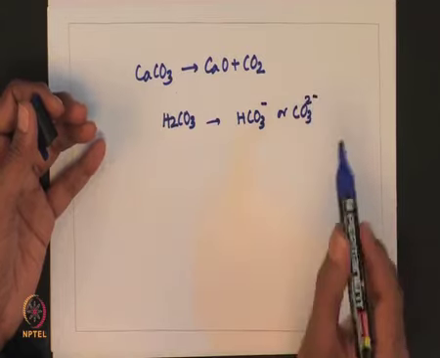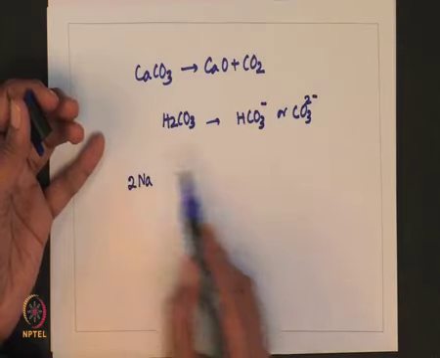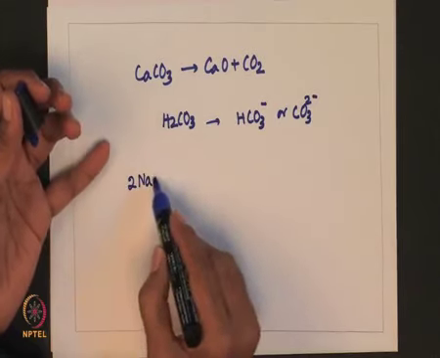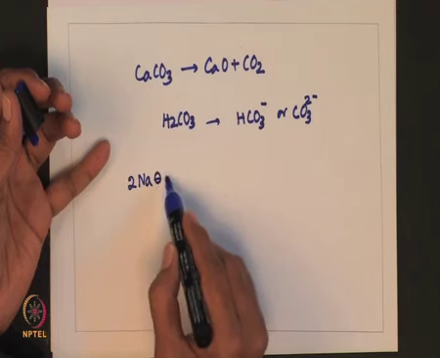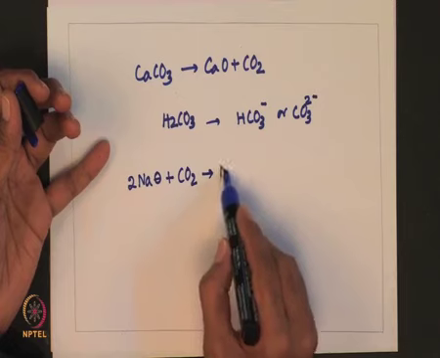For example, sodium oxide, when treated with carbon dioxide, readily forms sodium carbonate.